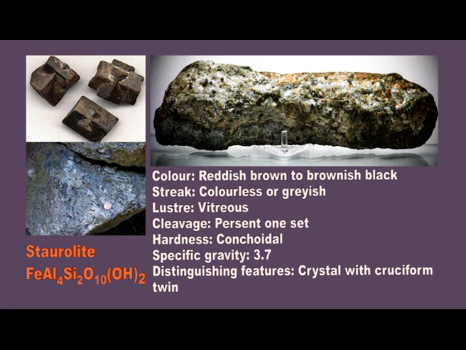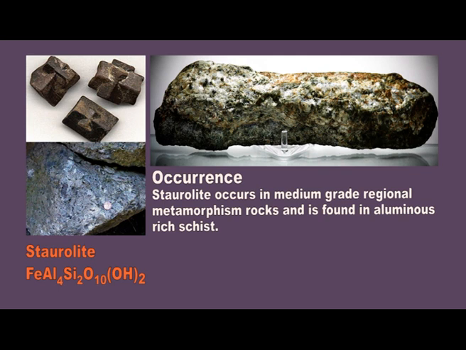Lustre: vitreous. Cleavage: present, one set. Fracture: conchoidal. Specific gravity 3.7. Distinguishing features: crystal with cruciform twin. Occurrences: staurolite occurs in medium grade regional metamorphic rocks and is found in aluminum rich schist.